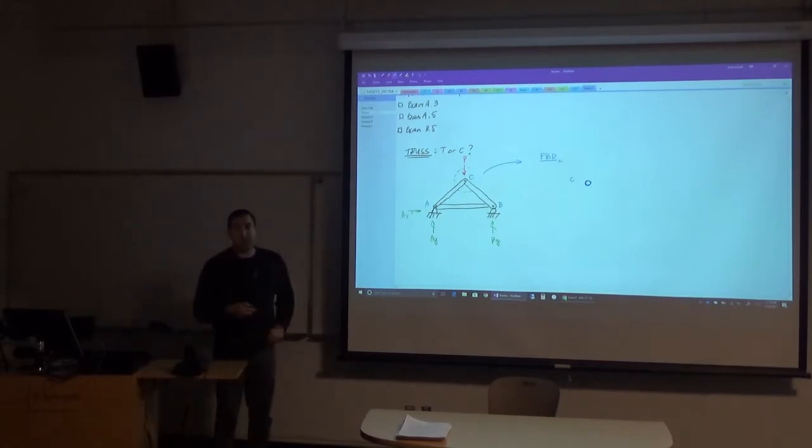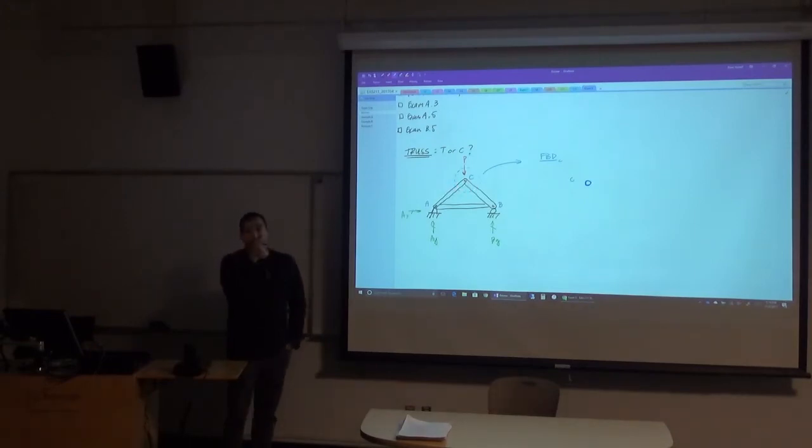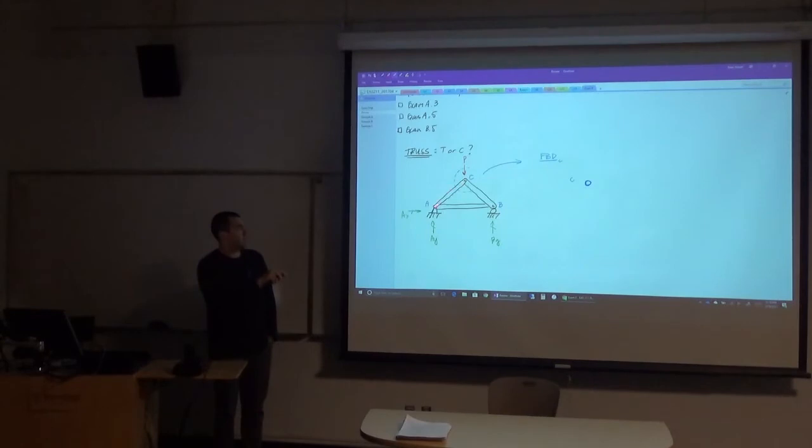The dimensions of it don't make any difference whatsoever. And now everywhere that I've made a cut with this section cut through a member, I need to replace that with the force in this member. Now, these are all two-force members. A two-force member is pinned at one end, pinned at the other end, and has no other forces or anything else happening in between the two ends.